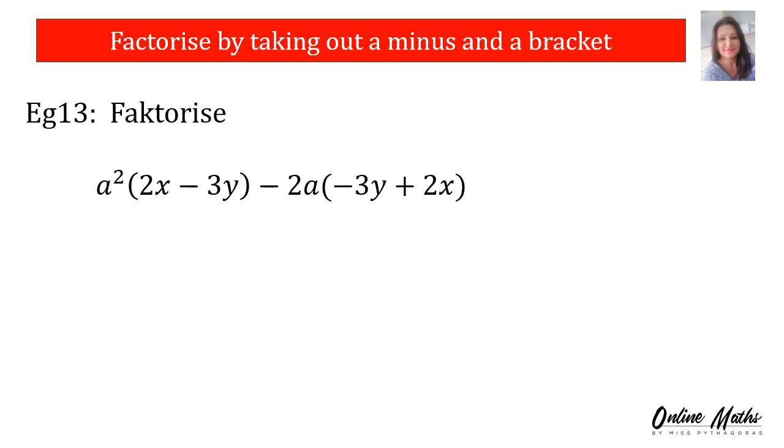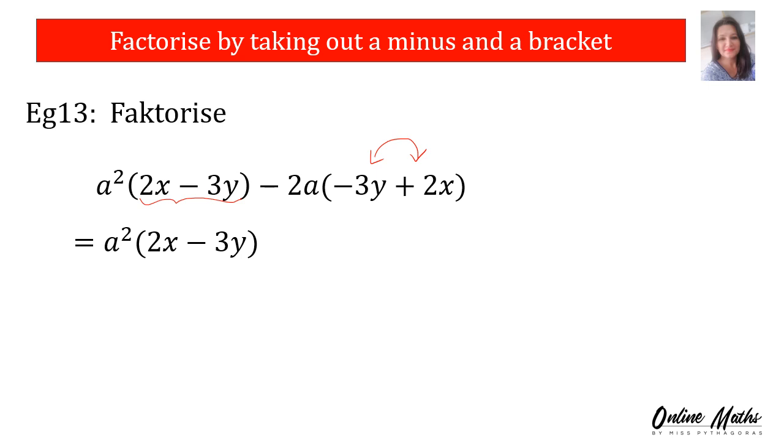Last example, factorize. Again, we want to take out a common factor, but the brackets differ. So this one is 2x minus 3y, and this one is negative 3y plus 2x. So before I take out a common factor, if it's needed, I will first rearrange the two terms. Now let's see.